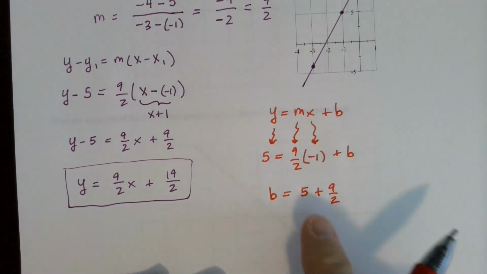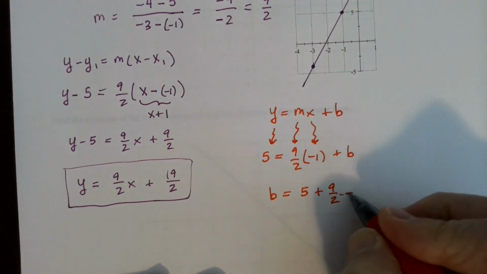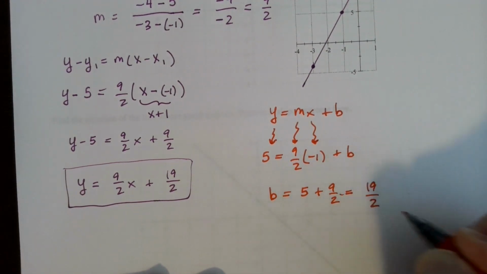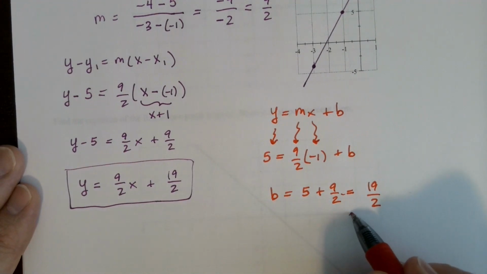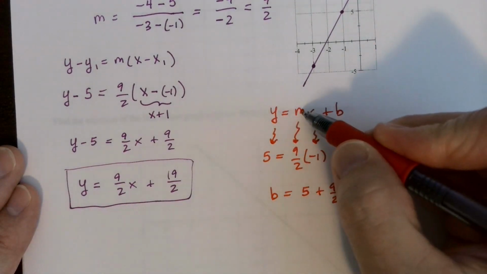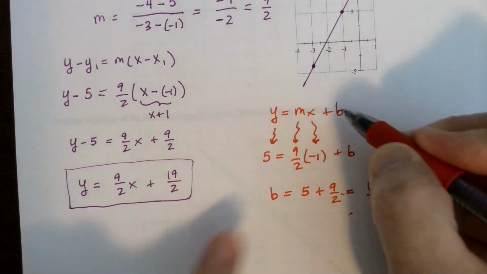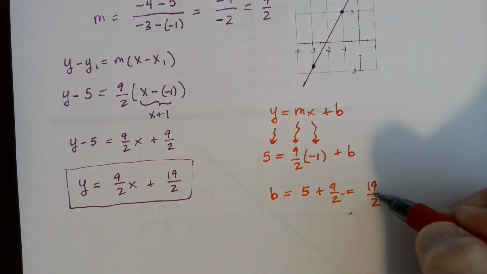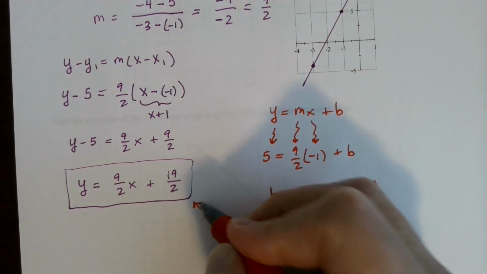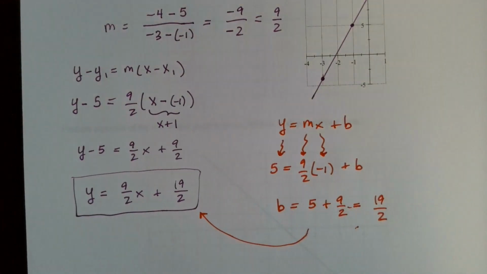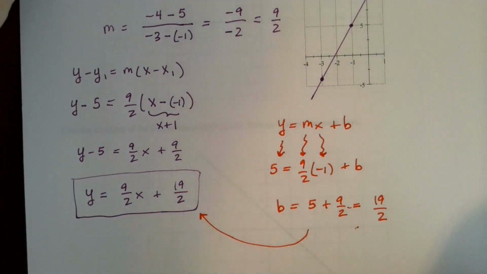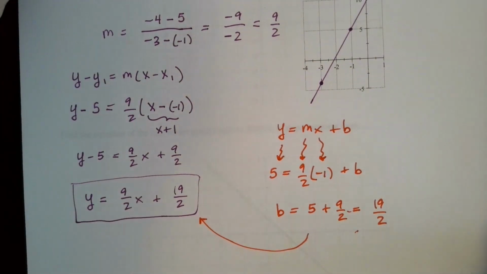Well, that sounds familiar. 5 is 10/2. Plus 9/2 is 19/2. And from that, I can go right to now saying what? y is what? m is what? 9/2 x plus what? b, which is 19/2. And I get right to this as well. So you can use either the point slope form or the slope-intercept form if you're given 2 points on the line.